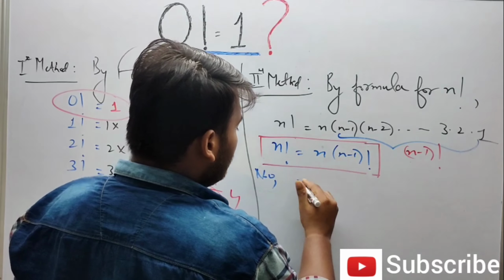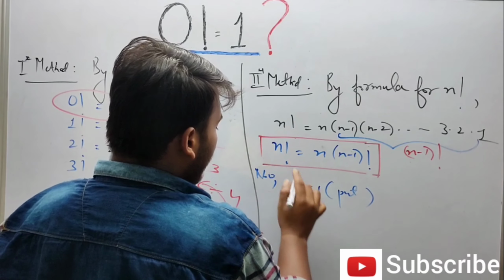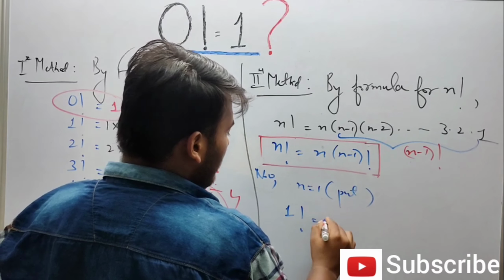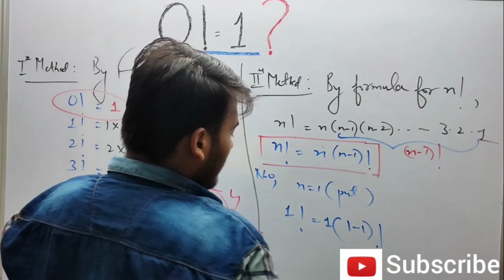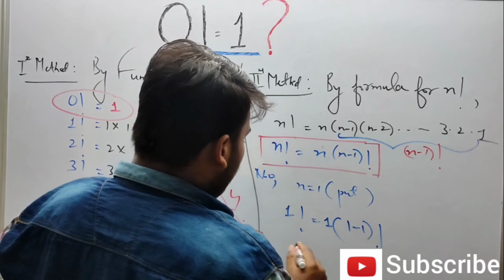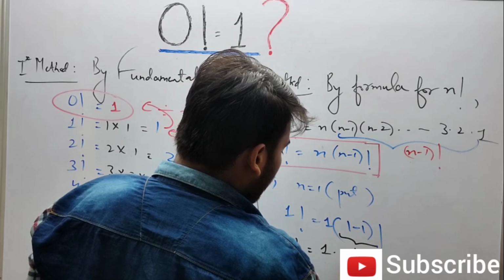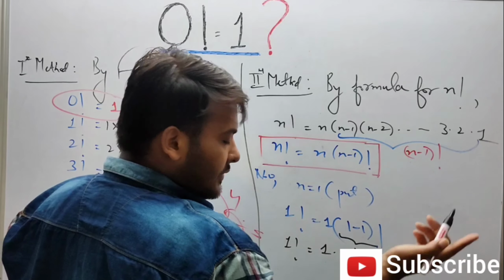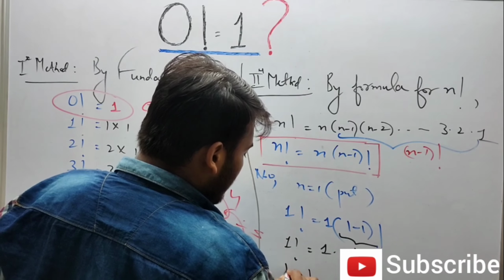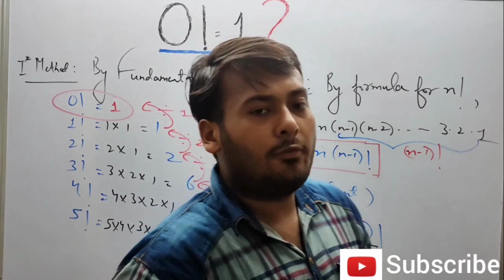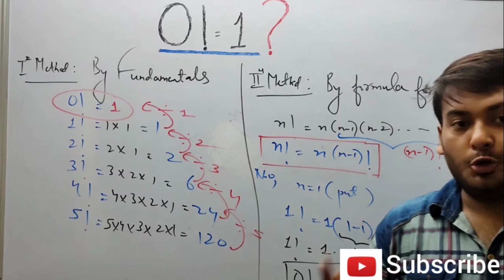If I put n equal to 1, I get 1 factorial equal to 1 into 1 minus 1 factorial. What do you get? 1 factorial equal to 1 into 0 factorial. And 1 factorial is equal to 1. Therefore, by the use of the mathematical formula for n factorial, I get 0 factorial equal to 1, too.